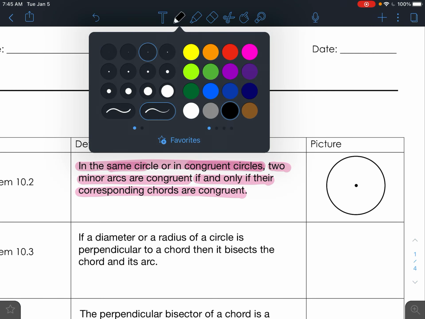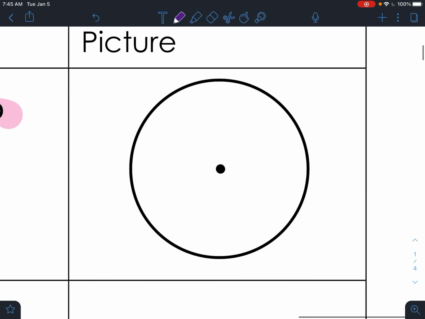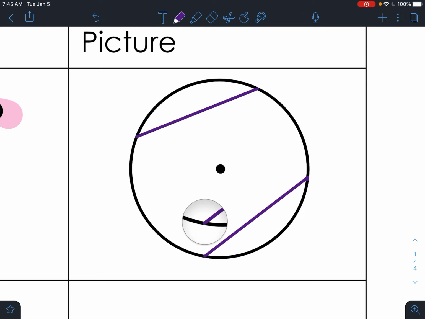So what I'm going to do next is draw in 2 chords. I'm going to draw in a chord up here, and then a chord down here. And then let's go ahead and name those chords. Let's call this chord AB, and then this chord CD.